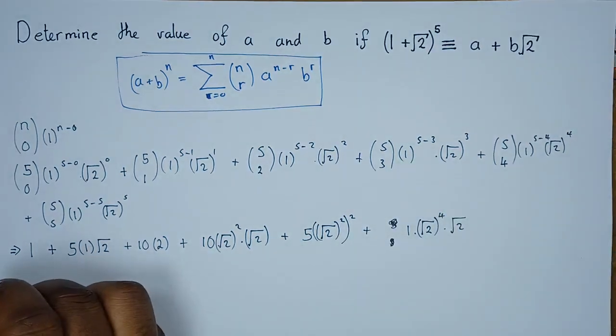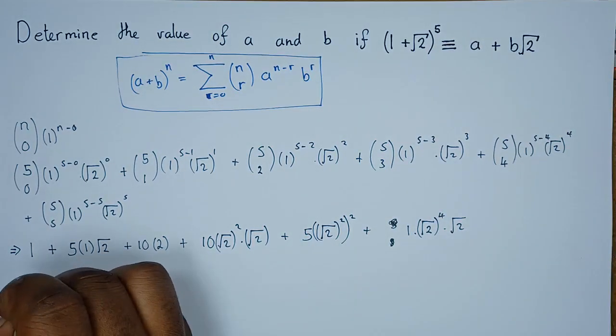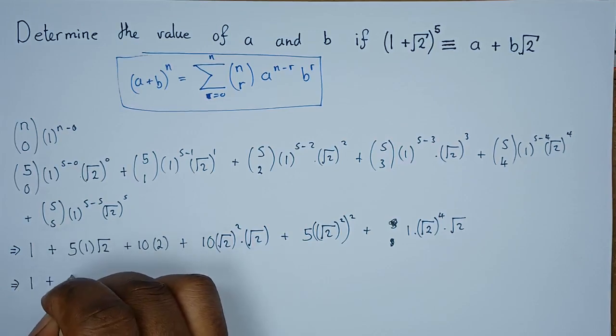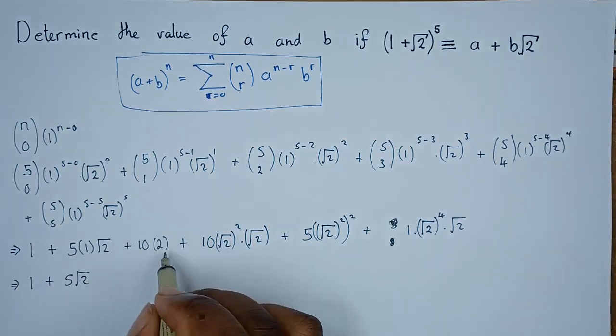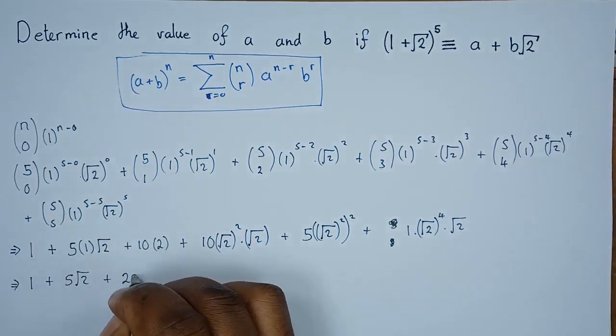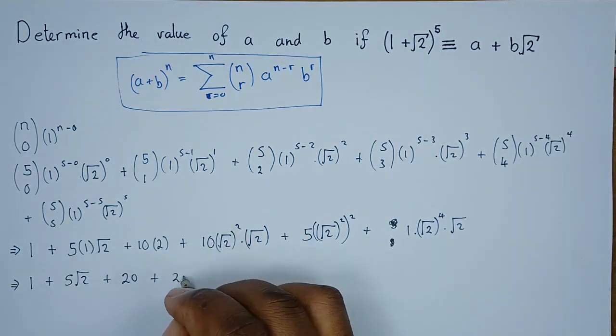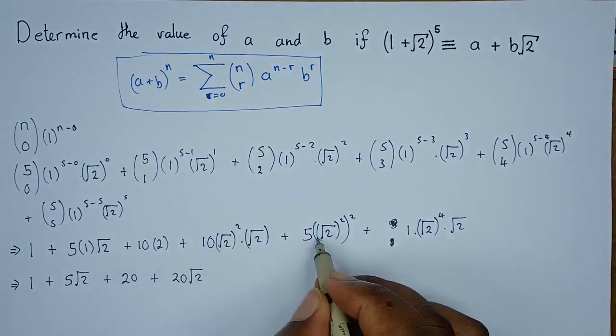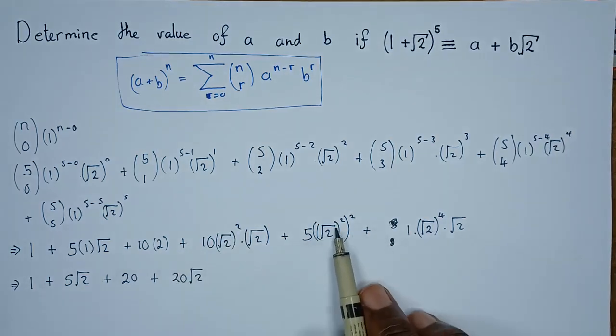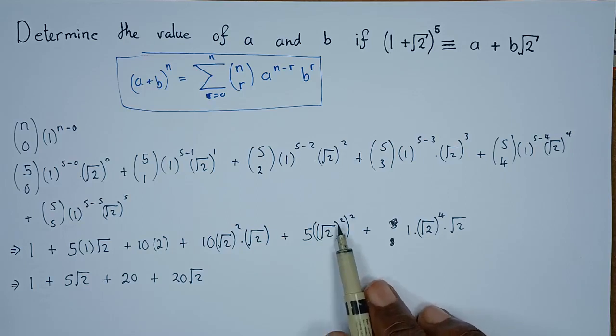Let's simplify. This implies that we have 1 here. Here we have 5 root 2. Here we have 20. This will give us root 2 squared is 2 times 10, that is 20, root 2. 5, root 2 squared is 2. This is a 2, so 2 squared is 4.